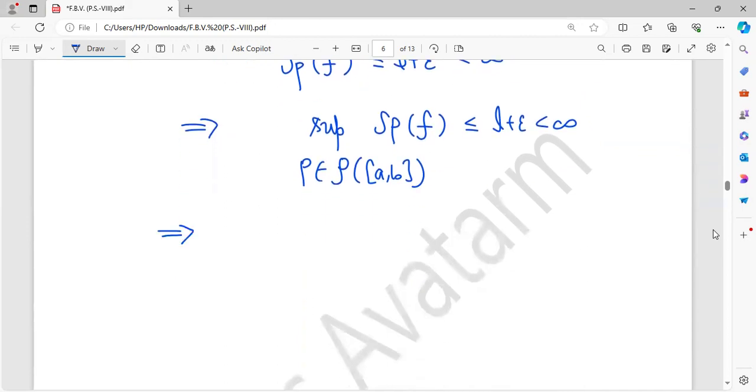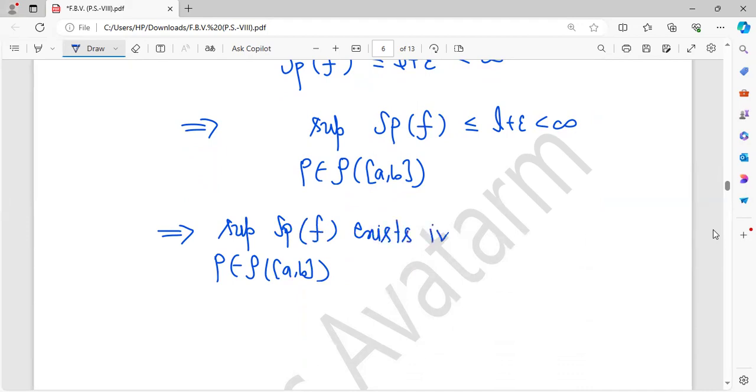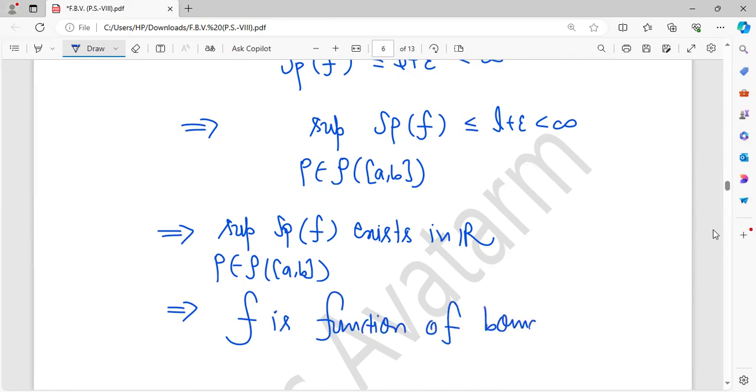It means the supremum of S(P, F) exists in R. So this implies F is a function of bounded variation. Let's say this is equation number 2.